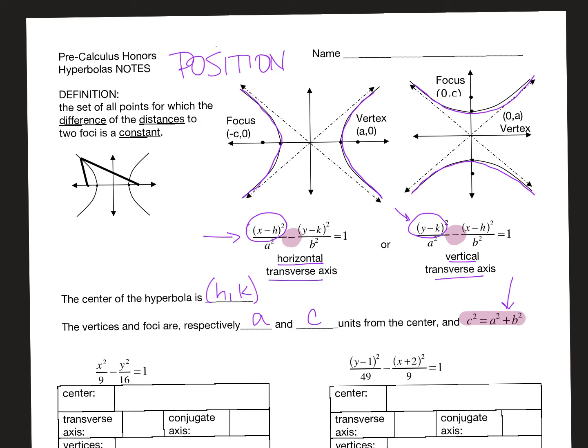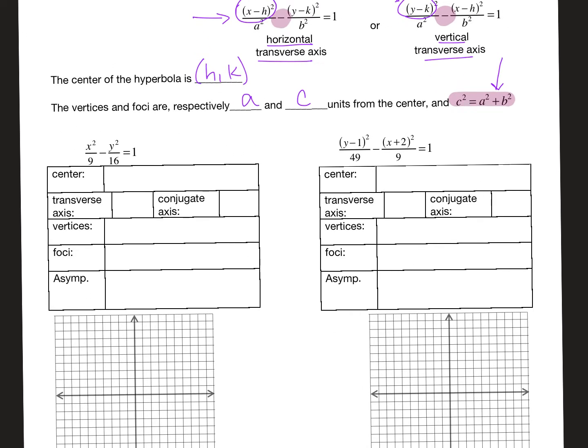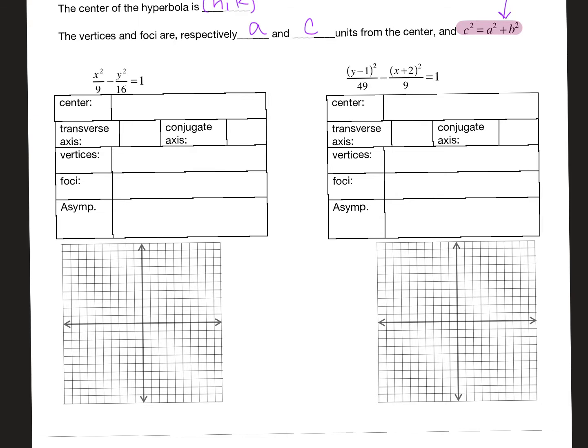Again, that happens on ellipses too. On ellipses, if you remember, there's plus signs in the equation, but for the formula for the focal points, it's subtraction. So at the beginning, these are going to really feel like you're doing ellipses, like a lot. Let me show you what I mean.